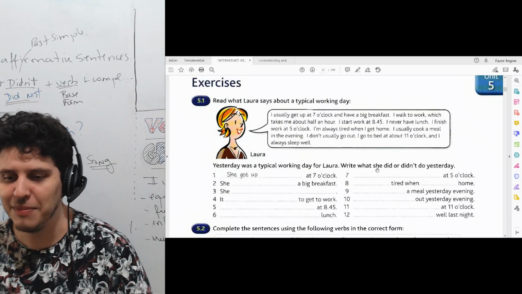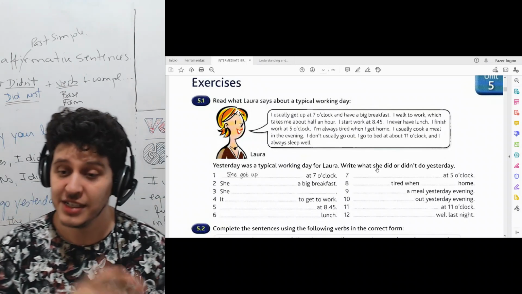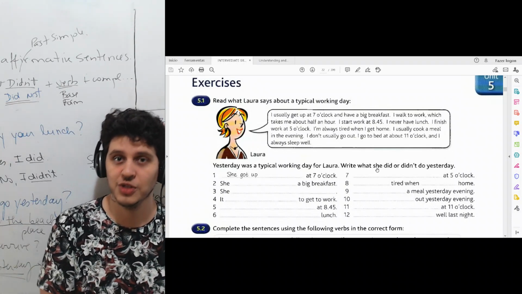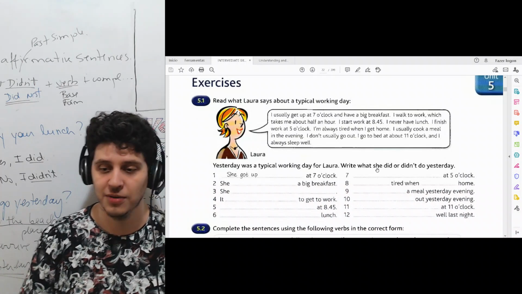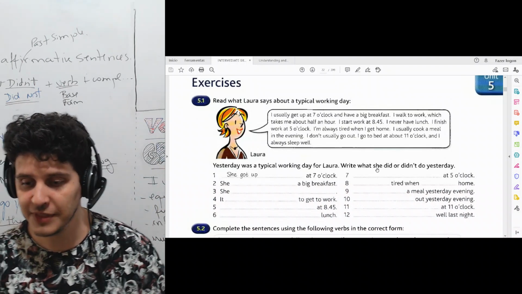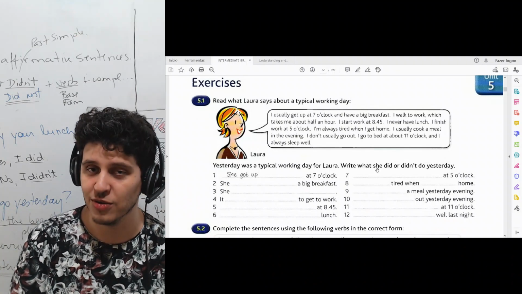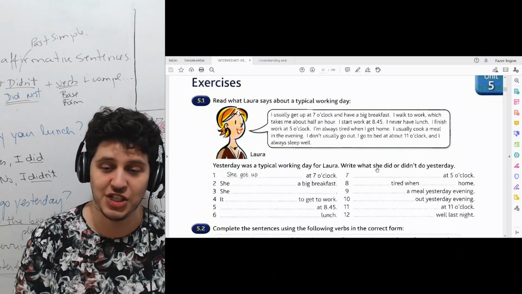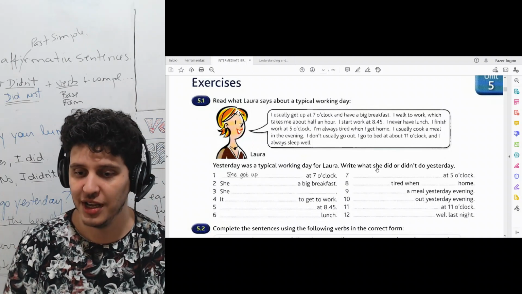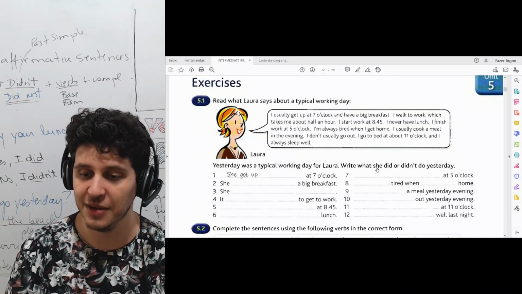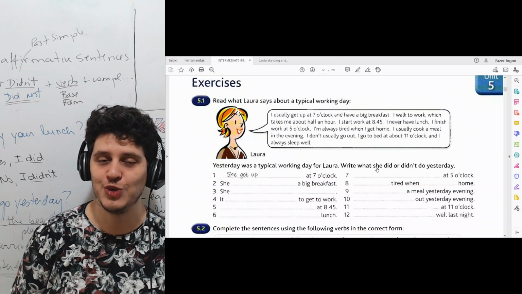Number 9, a meal, yesterday evening. She says she usually cooks a meal. So yesterday she cooked a meal yesterday evening. She says that she doesn't go out. So yesterday she didn't go out. Number 10, she didn't go out yesterday evening. At 11 o'clock she says she goes to bed.